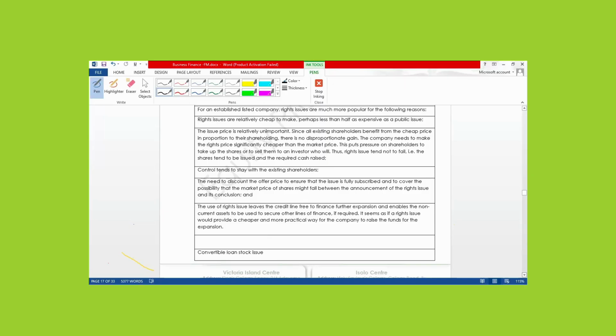The use of rights issue leaves the credit line free to finance further expansion. By using rights issue, your credit line is available for further financing. And it enables the non-current assets to be used to secure other lines of finance.